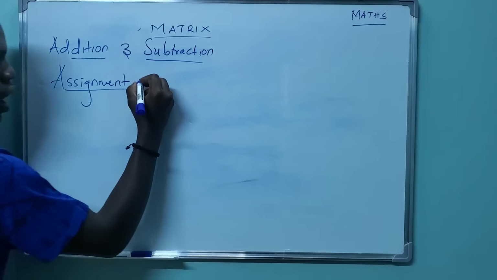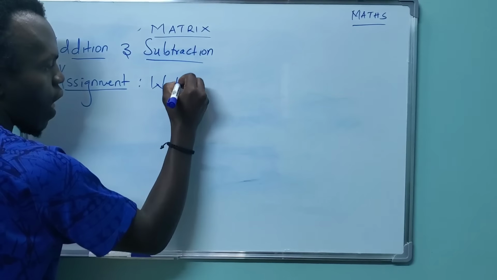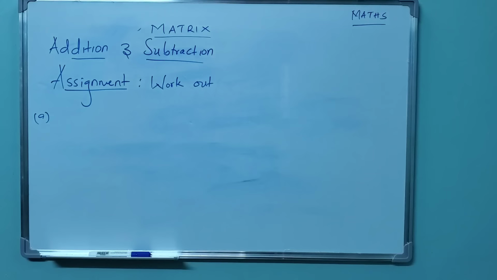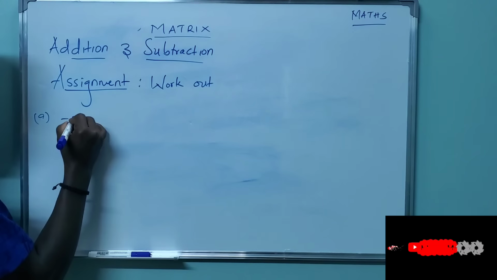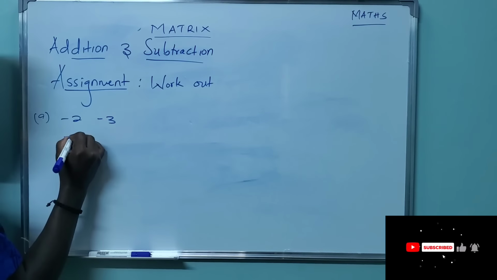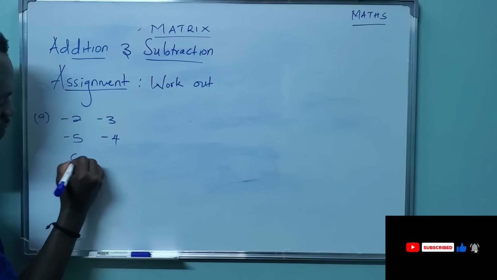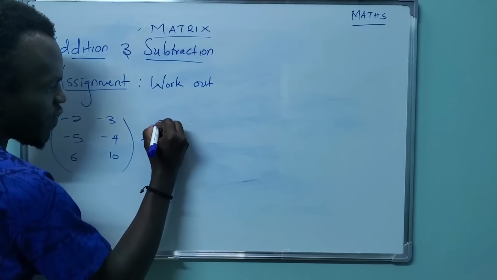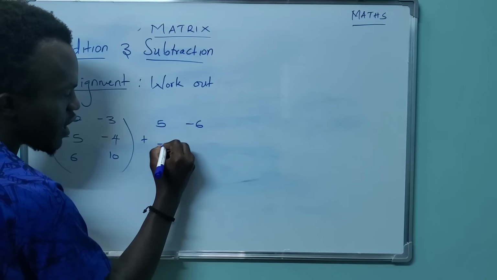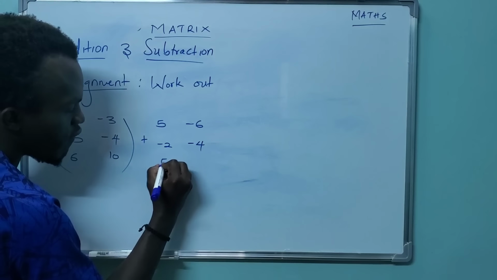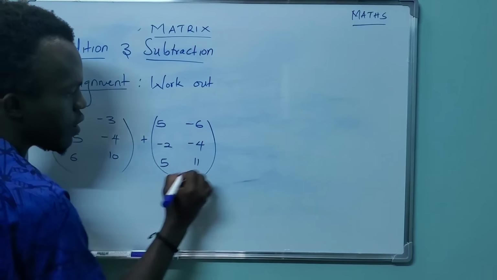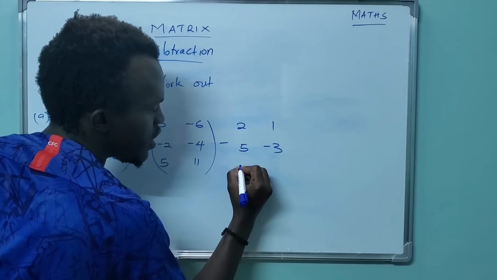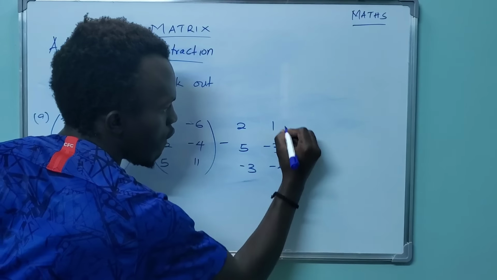So you're going to work out question number A. Maybe we can have something like negative 2, negative 3, negative 5, negative 4, 6, 10, plus maybe 5, negative 6, negative 2, negative 4, 5, 11, minus 2, 1, 5, negative 3, negative 3, negative 4.